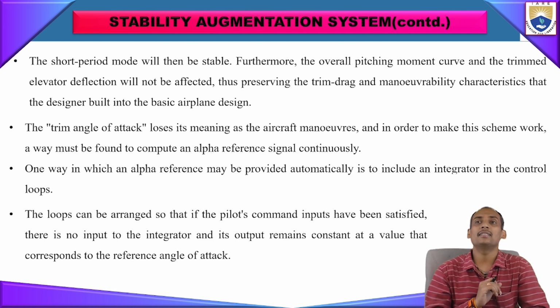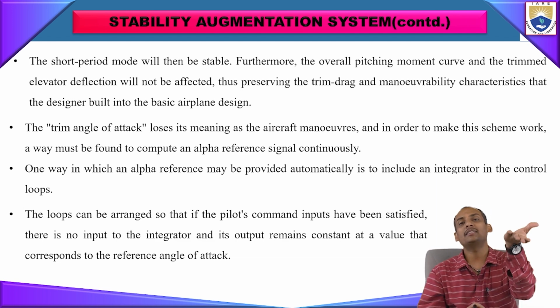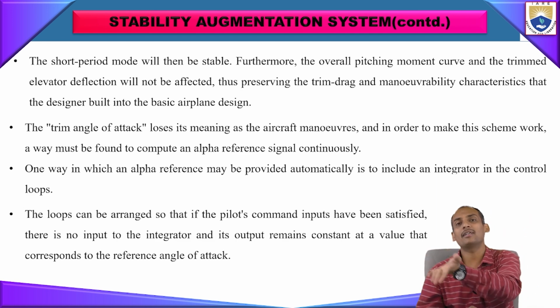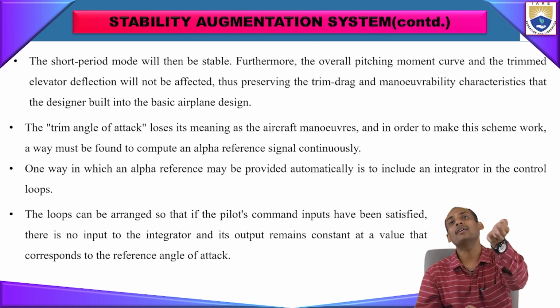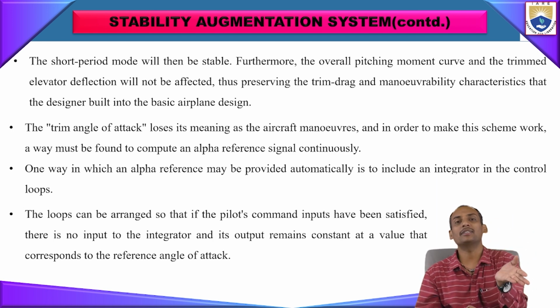In order to make this scheme work, a way must be found to compute the alpha reference signal continuously. Here we said, when we are making that pitch rate feedback only, when we are considering only that pitch rate condition, the control system has this much frequency response.